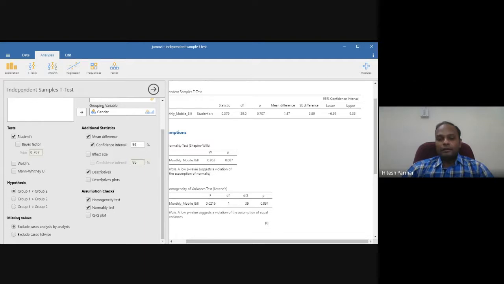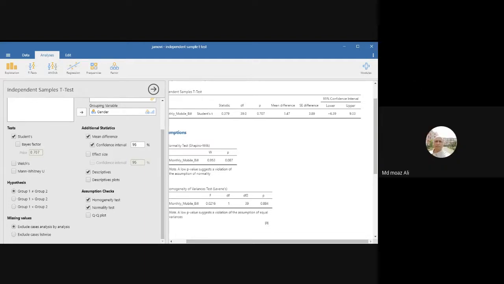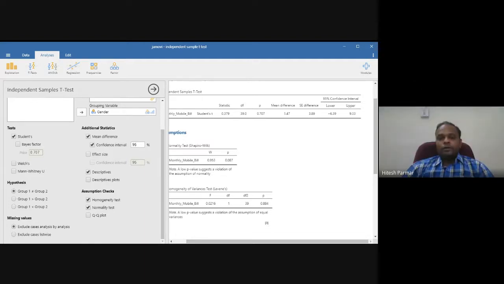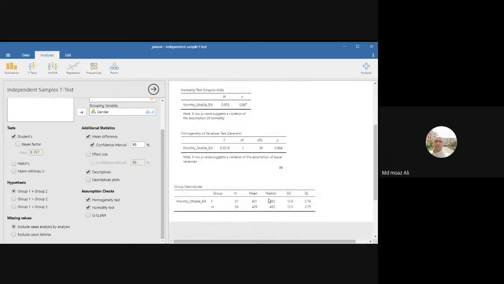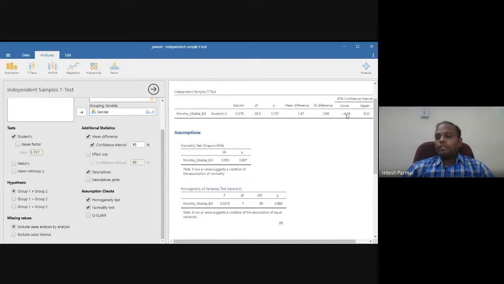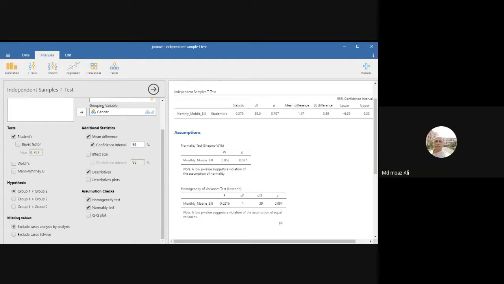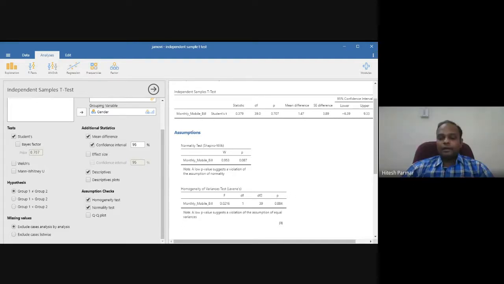Female mean is higher, right? That is the reason you get a positive mean difference. Now, a negative mean difference means what? You get a negative answer. It means the male mean will be higher.